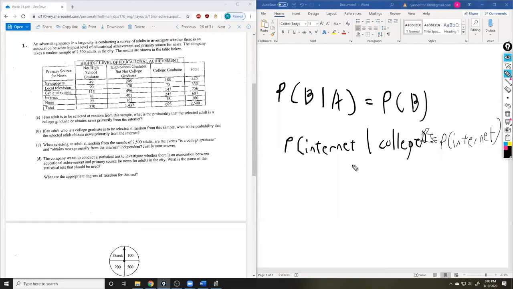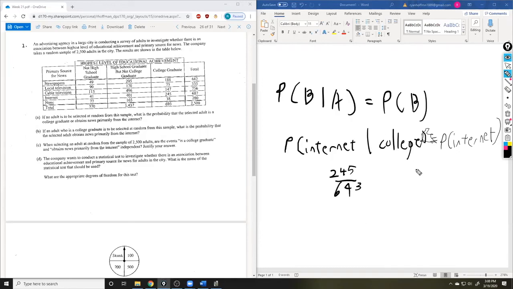So these are the two probabilities we want to compare. Well, this probability we just found, it was 245 out of 693. We just found that in part B. So we already did that.